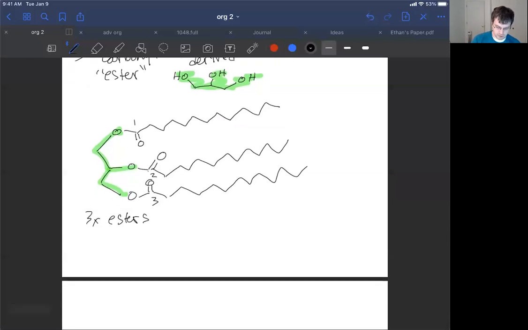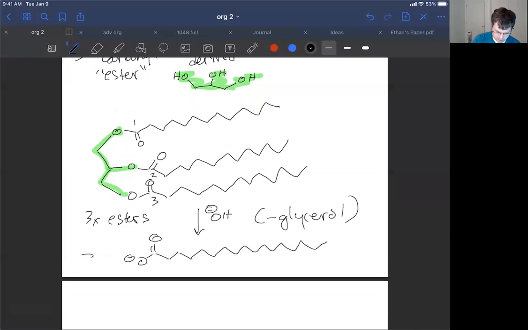Okay, so what you can do with this is treat it with OH minus and get some glycerol. I'm going to just put minus glycerol over here because I don't want to pay attention to glycerol right now. But then we get, I don't care how long that chain is, 3 of these carboxylates, and let's go ahead and just add H plus here.